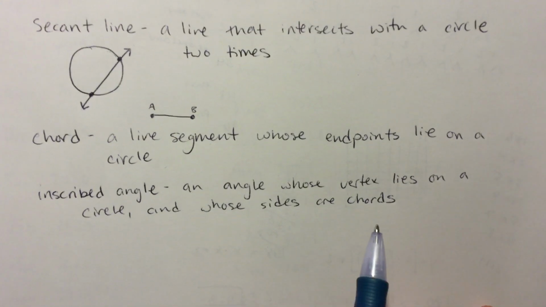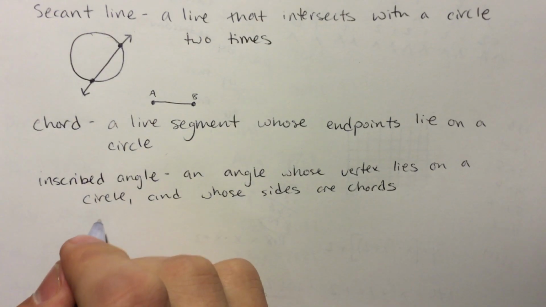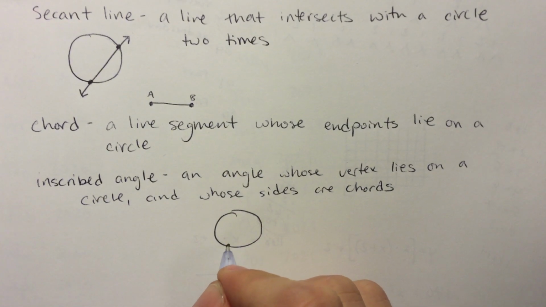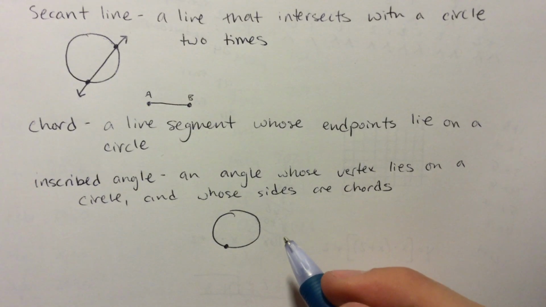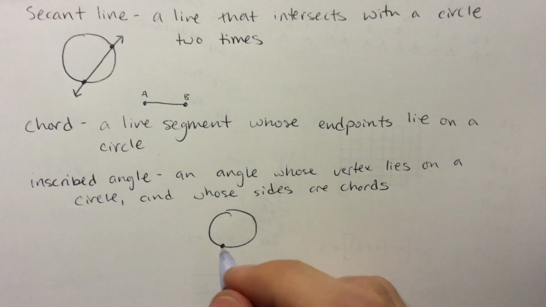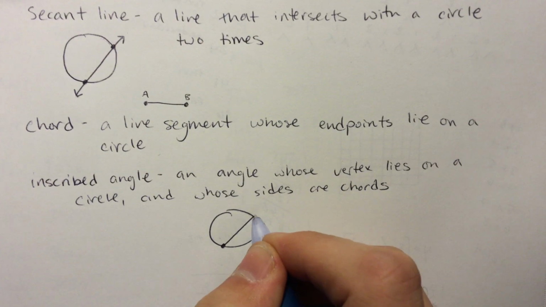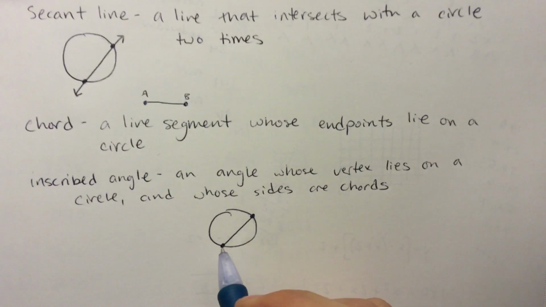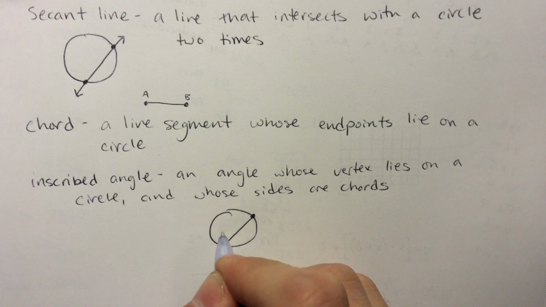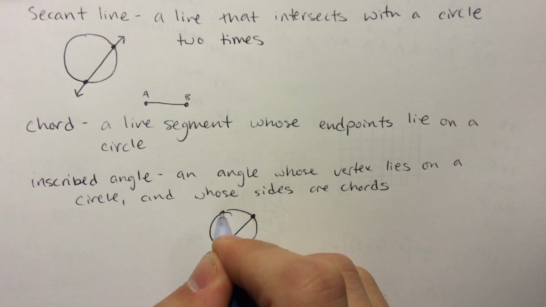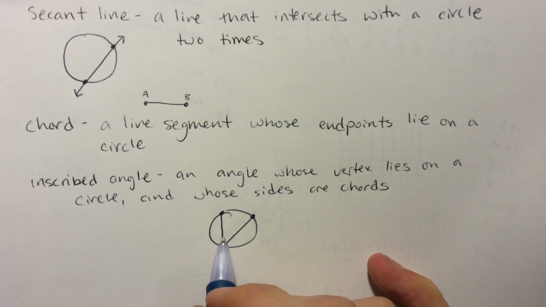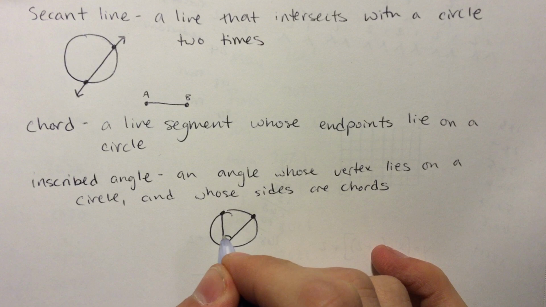So if I were to draw an inscribed angle, I'll illustrate it right here. An inscribed angle has the vertex, or the point of its angle, on the circle, and its 2 sides are chords. Remember, a chord is a line segment whose endpoints lie on a circle. So I drew one line, one side of my angle that is a chord, so that's half of my inscribed angle, and then I have another side of my angle that is also a chord, whose endpoints both lie on the circle, and then the measure of my angle would be right in here.